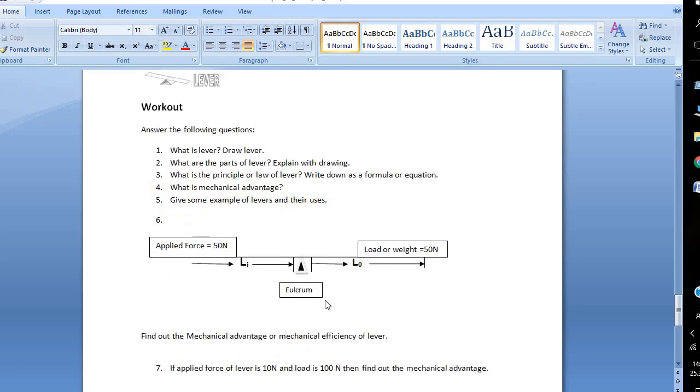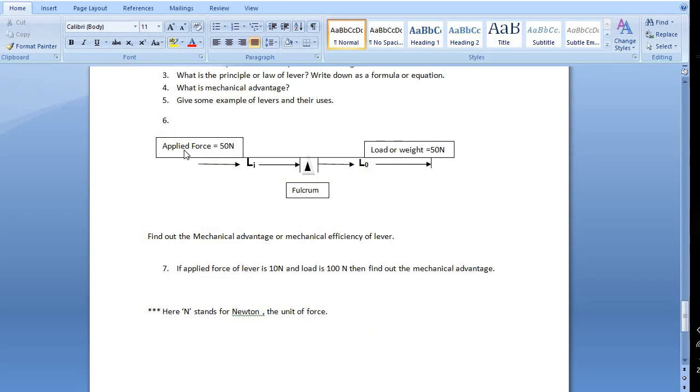So here is the simple math. The applied math is given as number 6. The applied force is 50 Newton and the load is 50 Newton. So here is the fulcrum, and the question asks to find the mechanical advantage or mechanical efficiency of the lever. It's a very simple question, and you just give the formula.